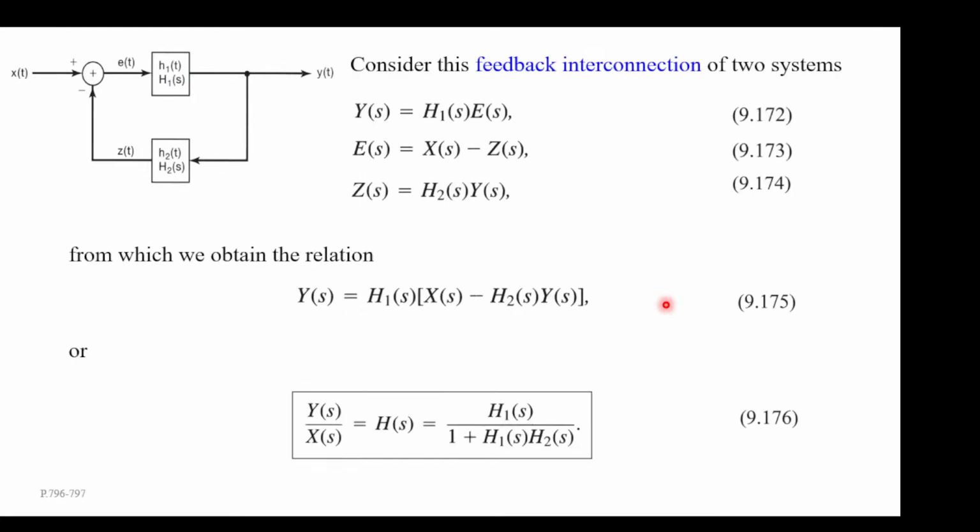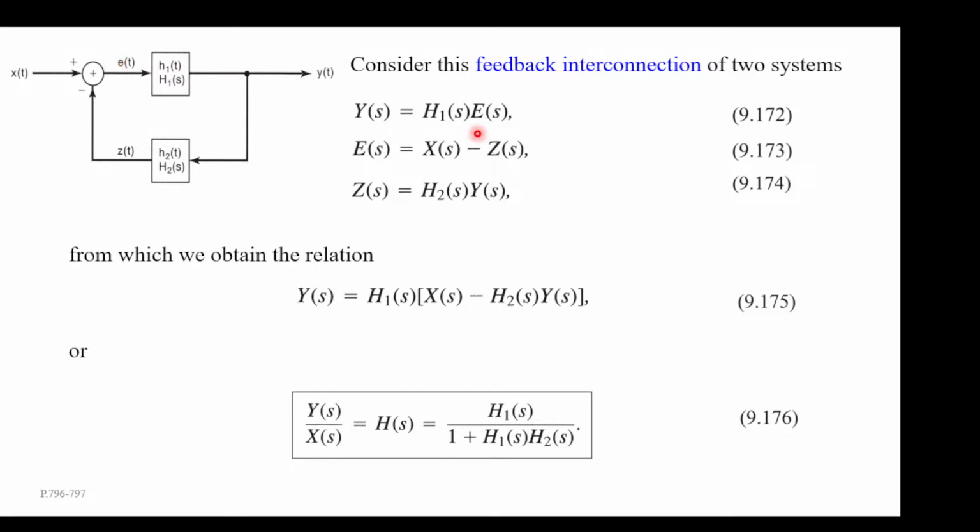But the bottom line is, if you are given an interconnected system, possibly with feedback, you should be able to write down the system function of each line, write down the equations, and solve for the effective system function of the whole interconnected system. I think this should be pretty straightforward.